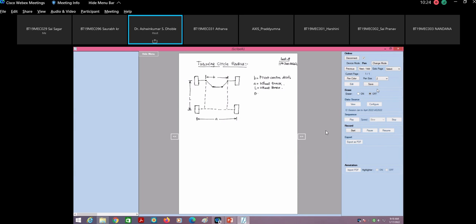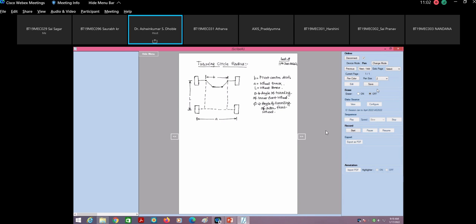Then theta is the angle of turning of the inner front wheel. Phi is the angle of turning of the outer front wheel.